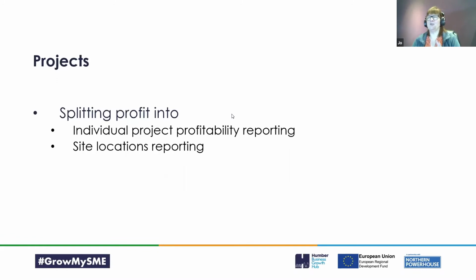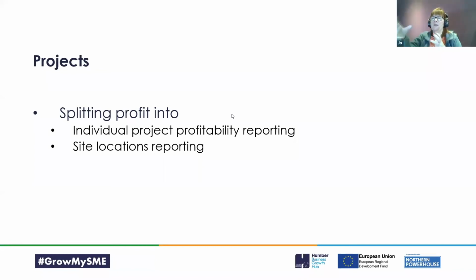Projects. Okay, projects are really good if you are doing kitchens, for example, or you're a builder, or you've got more meaty pieces of work that you might have lots of bills and expenses associated directly with it. You might raise a few invoices associated with it, and it's really good to track how profitable each individual project was.